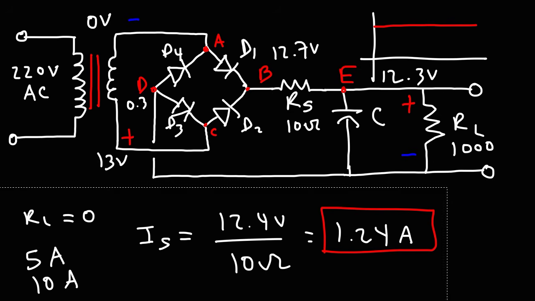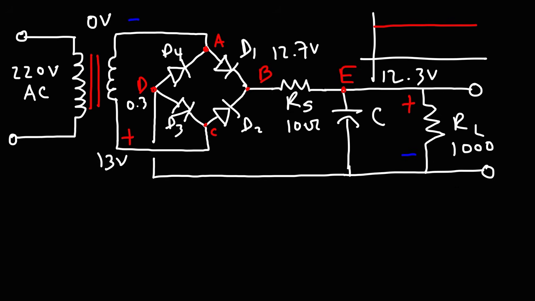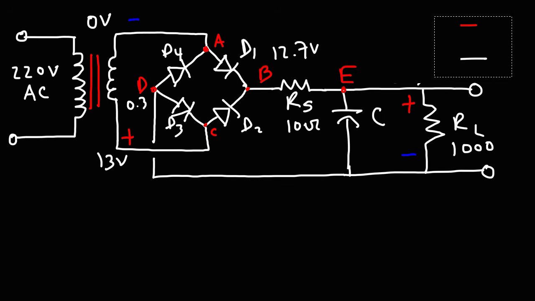Now there's one more element that we need to add to the circuit, and that is a zener diode. A zener diode acts as a voltage regulator. It can help maintain a constant output voltage for this circuit.